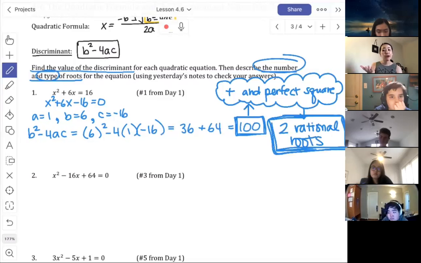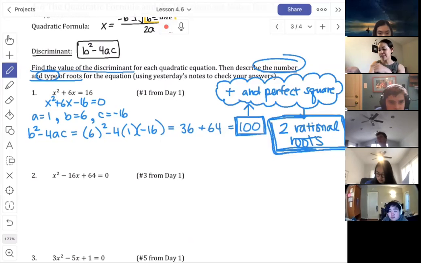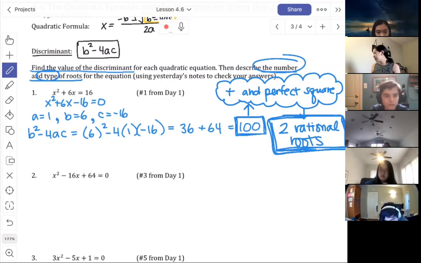And if you have your notes next to you from 4.6 day 1, look at number 1 on the back side. This is the exact same problem. Because inside the radical was 100, that discriminant was 100, when you simplified, you ended up with 2 nice rational roots. I think it ended up being, what was it? 2 and 8.